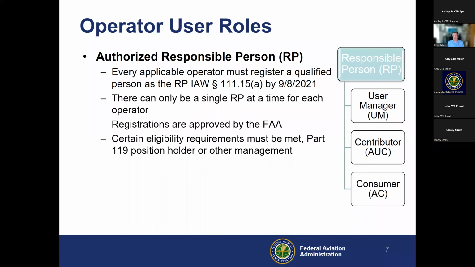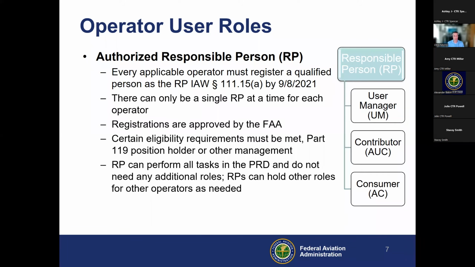If Part 119 doesn't apply to you, then essentially management personnel are the ones that can get approved as an RP. We have a process that we go through to figure out if someone can be approved or not, but we'll handle that, and we'll usually work with the requester to get it sorted out.